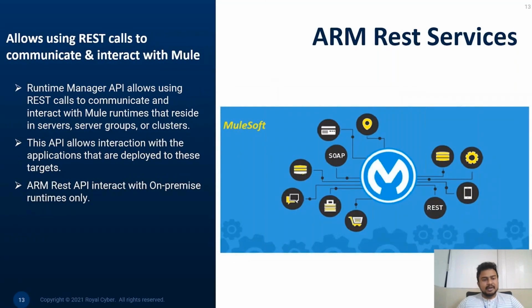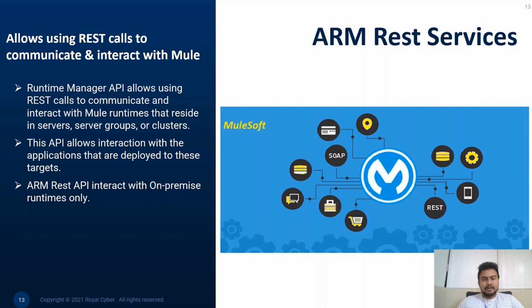The Anypoint Runtime Manager's REST services provide a list of APIs by which we can communicate to the on-premise servers on the Anypoint platform. For our demo, we are using it to retrieve the bearer token for authorization purposes and also to perform the fresh deployment to the on-premise servers by providing the runtime properties during deployment.